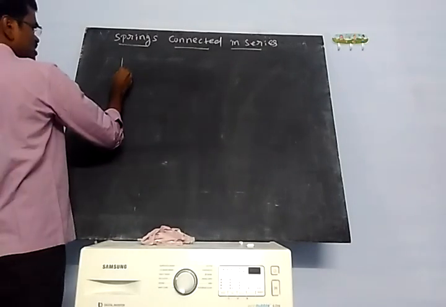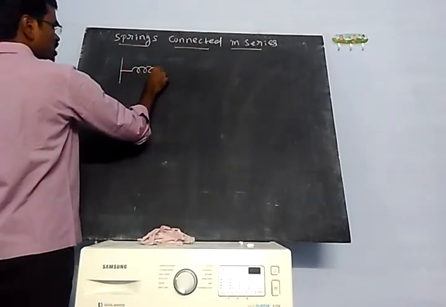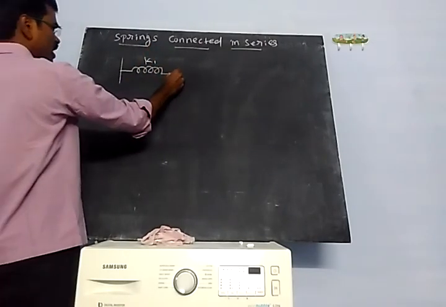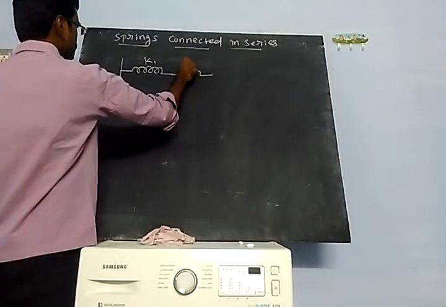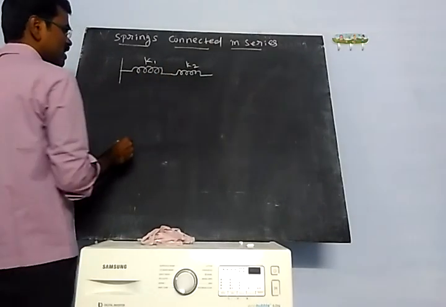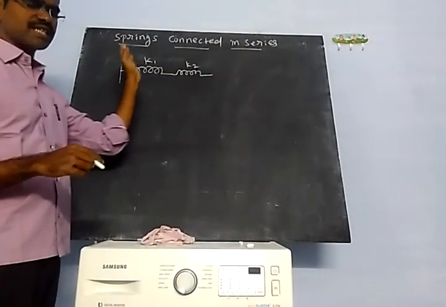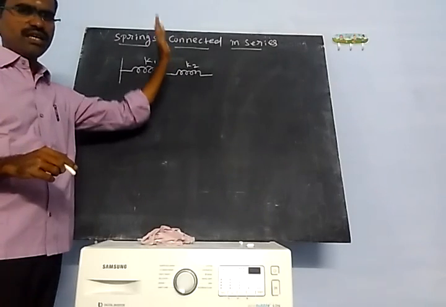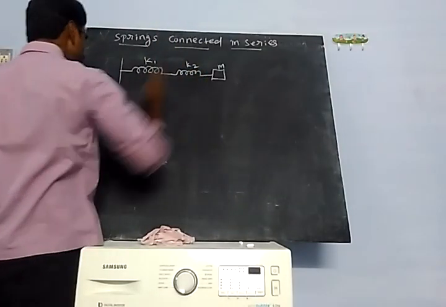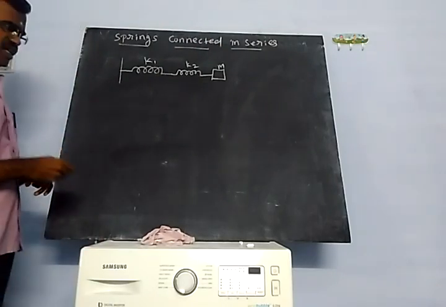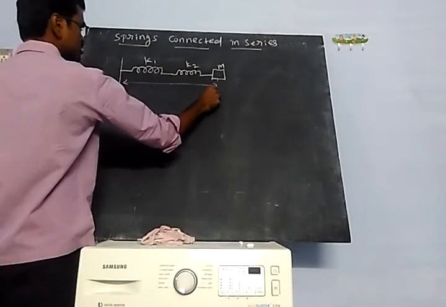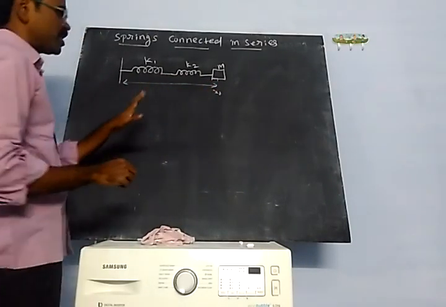Series connection means one spring has spring constant K1 and another spring has spring constant K2. Both springs are connected in series, meaning one end of a spring is connected to the other spring, and the other end is connected to a mass M. This is the equilibrium position, X naught.